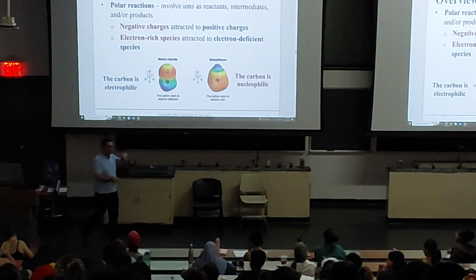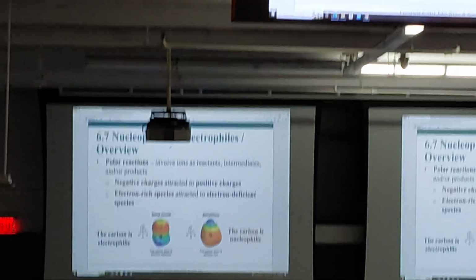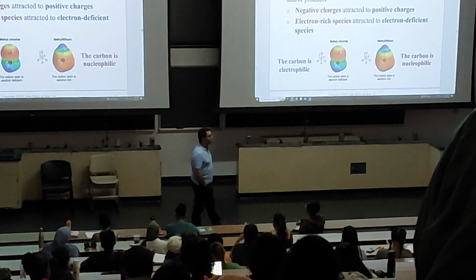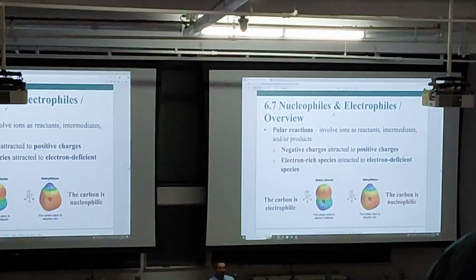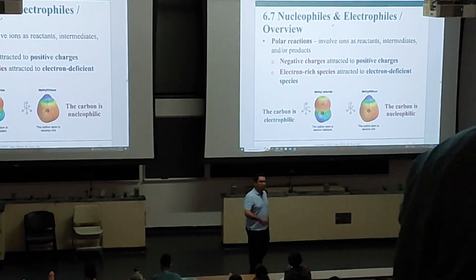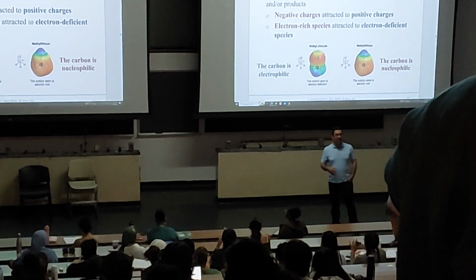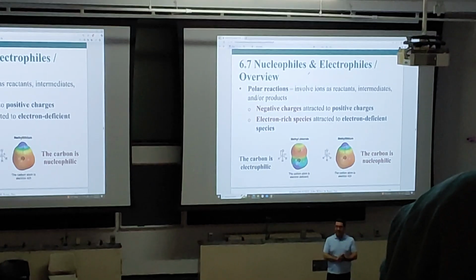I will talk about this one thing before we go. So electrophiles and nucleophiles are what drive all of this, and you probably noticed on the last exam, I gave you a lot of questions on acids and bases.